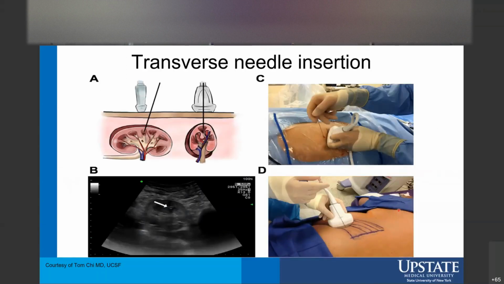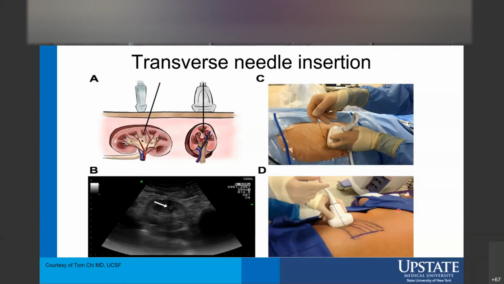So the transverse approach is more versatile in terms of body habitus, in terms of getting more unusual access scenarios, people with ileal conduits, malrotated kidneys, not good hydronephrosis, something like that. If they're all contracted, you may find you have to do this, but it's difficult because you can't see the needle for its entire trajectory.